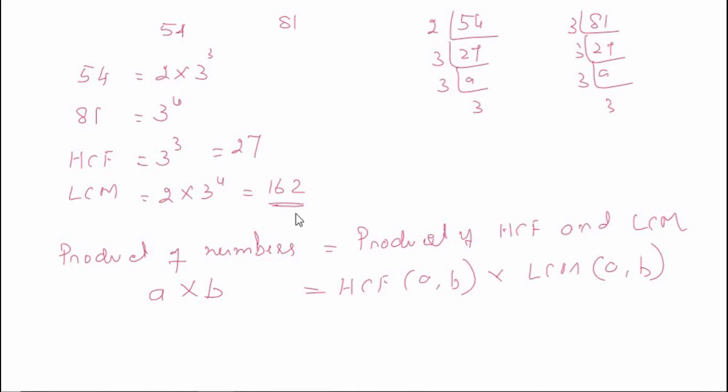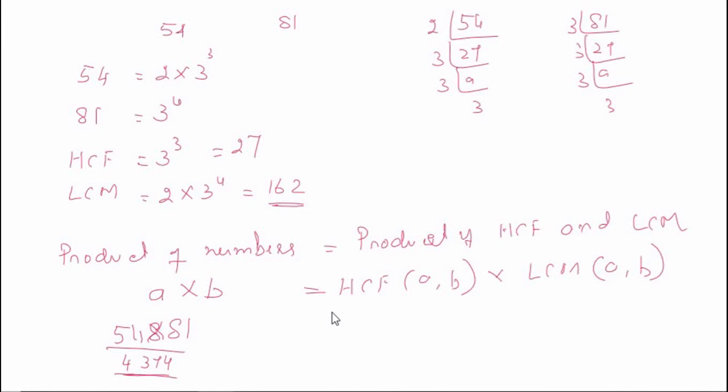You can verify this. Now suppose if you multiply 54 into 81 you get 4374.